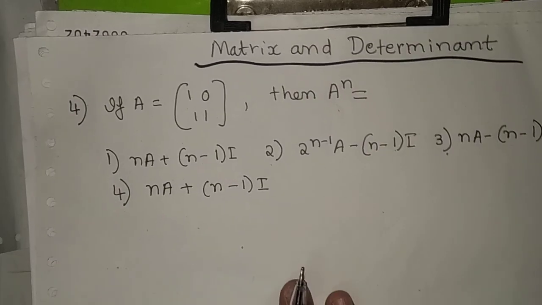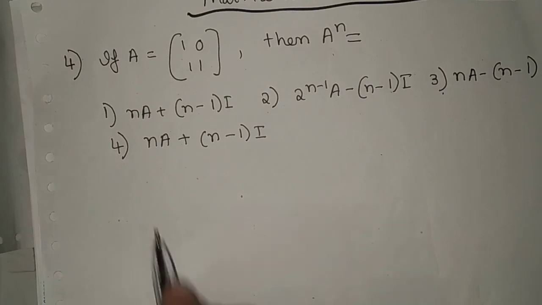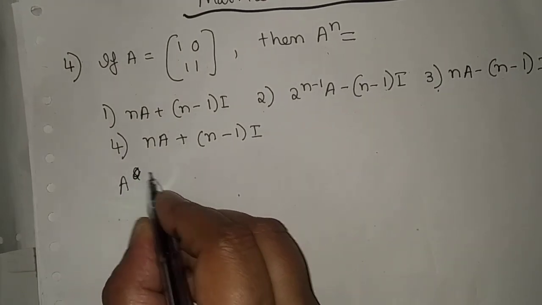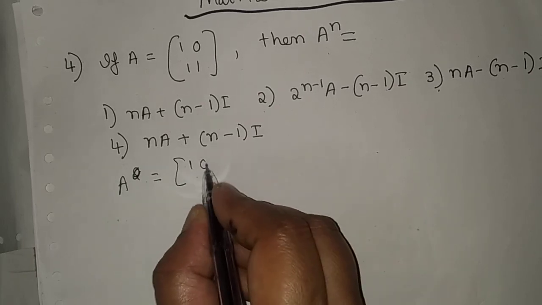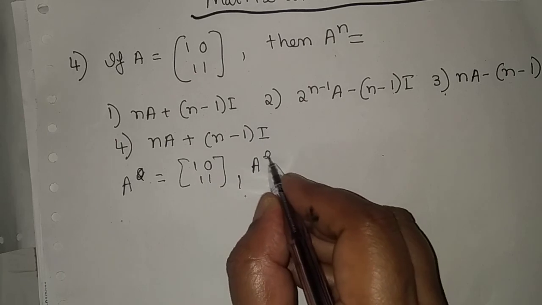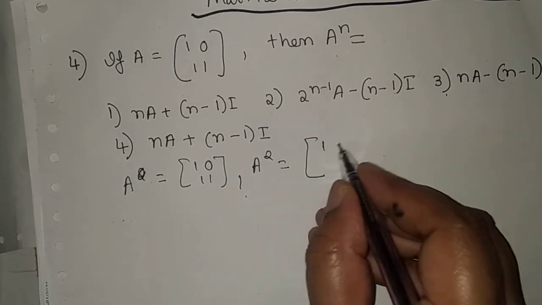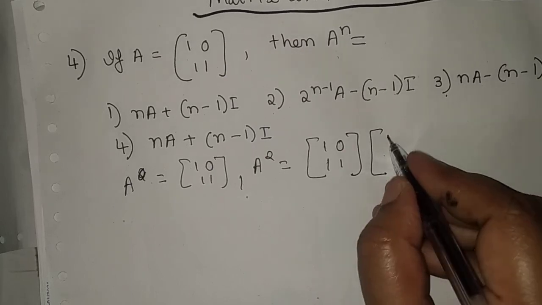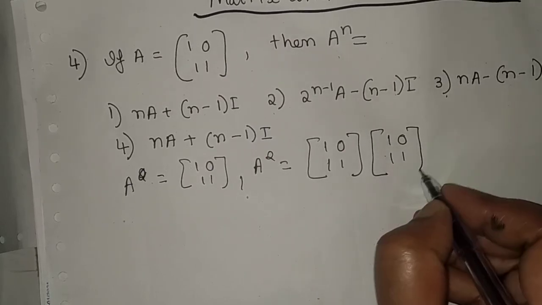Therefore the first step is, we will find out A square. A square is equal to A we have, that is [1 0; 1 1]. Now we'll find out A square. A square is equal to [1 0; 1 1] into [1 0; 1 1].